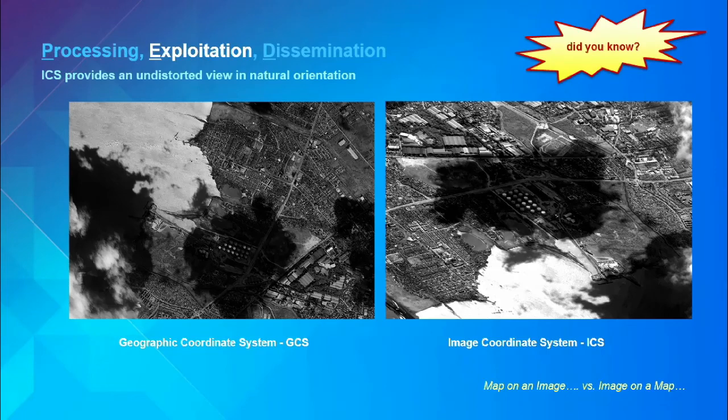When you orthorectify, the image has the geometric integrity of a map. But that was your only choice up until 10.3. At 10.3, we introduced a new coordinate system called image coordinate system. What that does is it brings the image in, and it still knows about the image to ground and ground to image mapping, but it leaves the image undistorted.